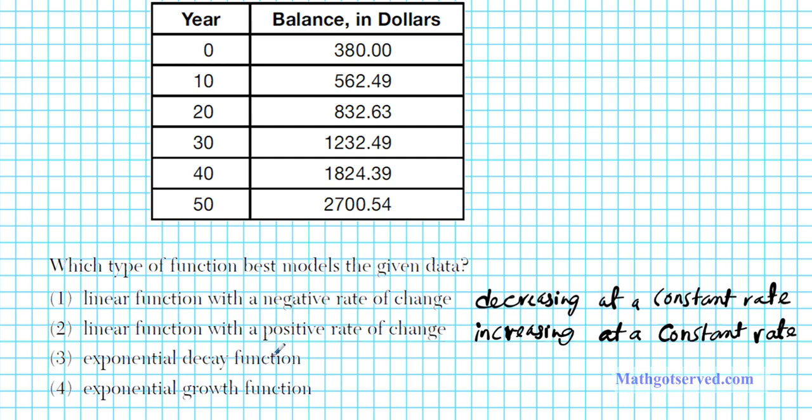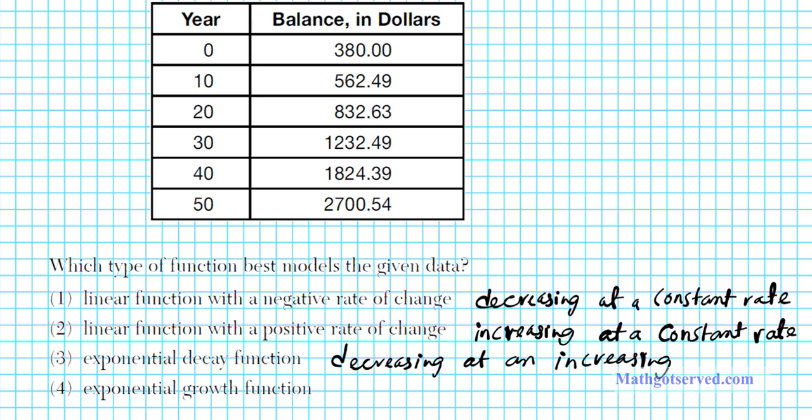Option 3, exponential decay. Decay basically means that it's going down, it's decreasing. But the thing about an exponential function is that the rate of increase or decrease always increases. So exponential decay is decreasing at an increasing rate.